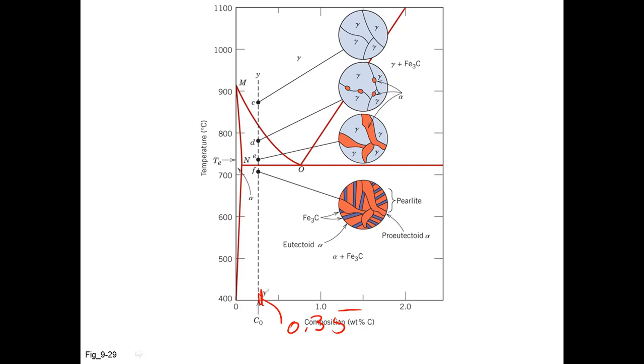And so we'll calculate the requested value for the mass fraction of the pro-eutectoid ferrite and perlite by working just above that eutectoid temperature. This will allow us to calculate the amount of the pro-eutectoid ferrite and the perlite that forms from the decomposition of austenite. So let's go ahead and do that.